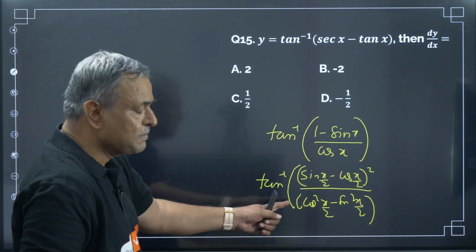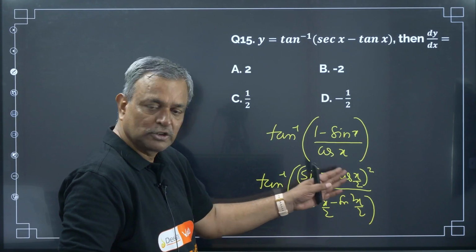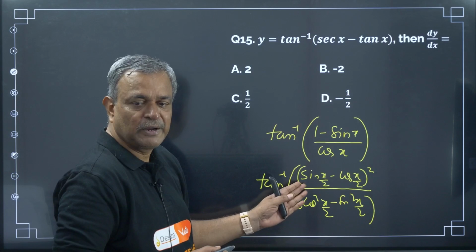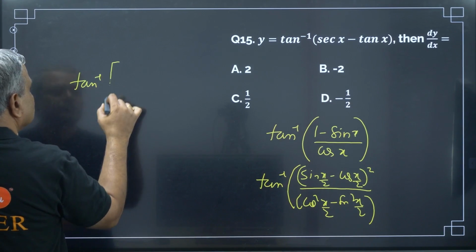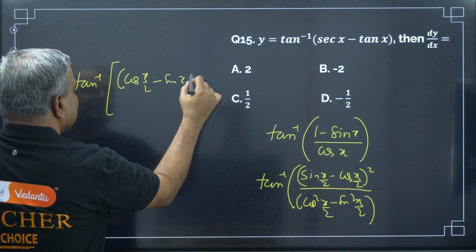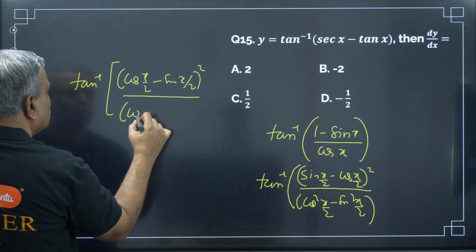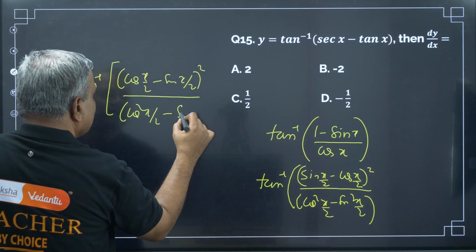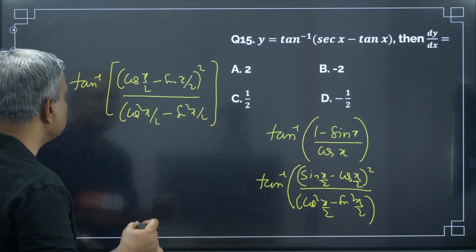This is a minus b whole square, this is a square minus b square. You can write, this can also be written as cos x by 2 minus sin x by 2, because no interval is given. So tan inverse of cos x by 2 minus sin x by 2, they must give the interval, they have not given, whole square by cos square x by 2 minus sin square x by 2. A minus b whole square and a square minus b square.